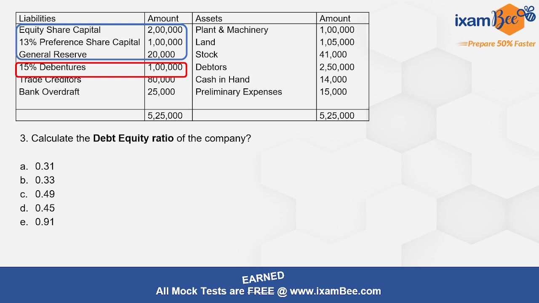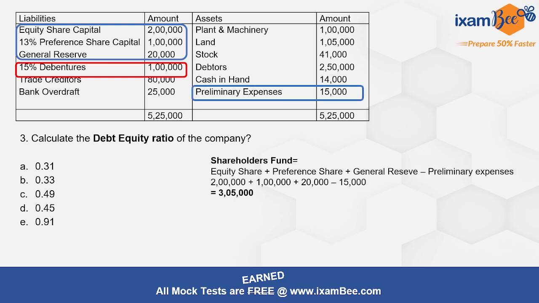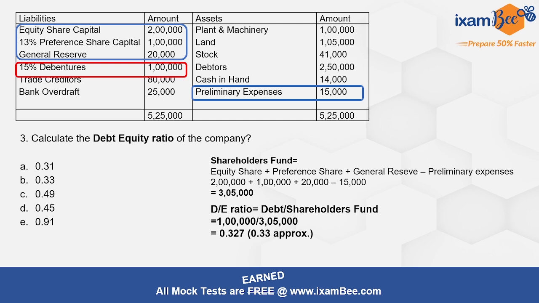We will have to deduct this 15,000 worth rupees preliminary expenditure from our shareholders fund while calculating the debt equity ratio. So the total of shareholder funds comes to around 3,05,000, which is equity, preference, general reserve minus preliminary expenditure. So the debt equity ratio will come to around 1 lakh worth rupees debentures divided by the shareholders fund of 3,05,000 and is approximately 0.33. So the correct answer is B.